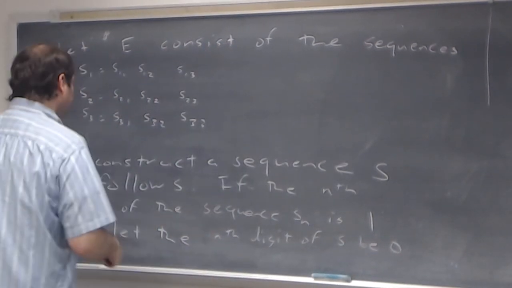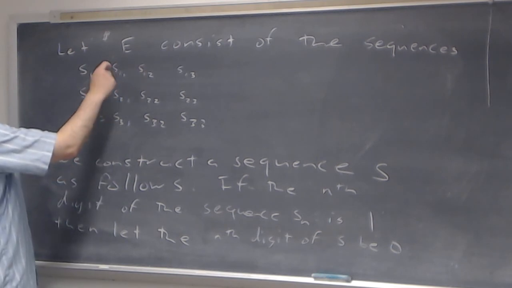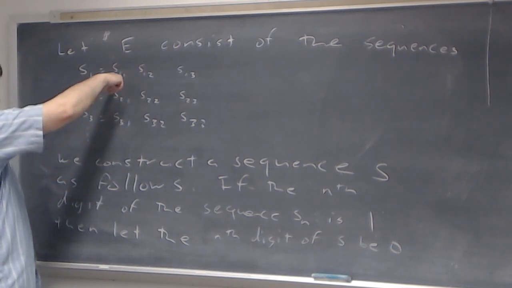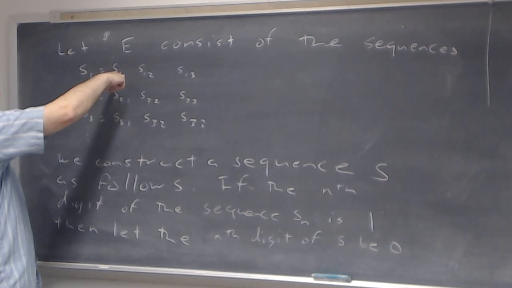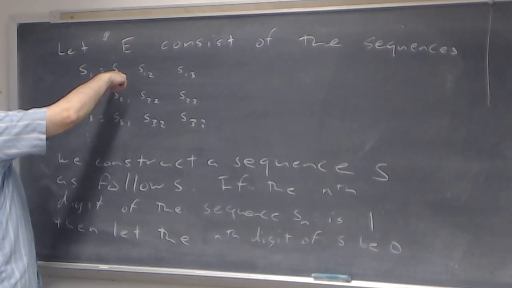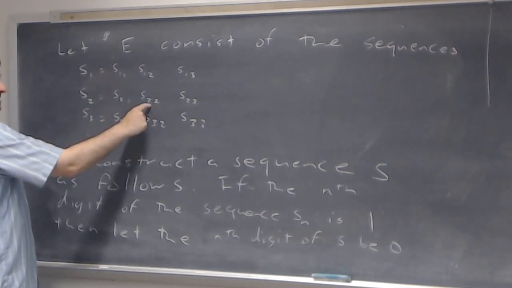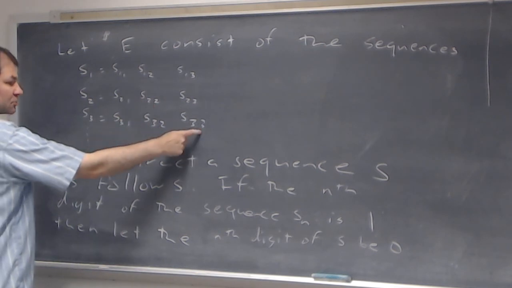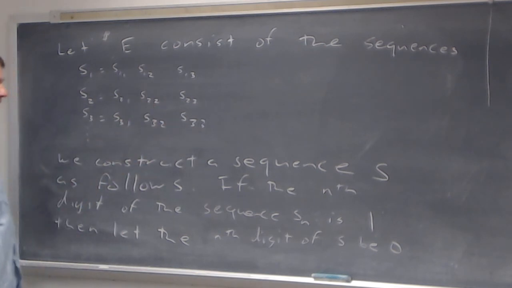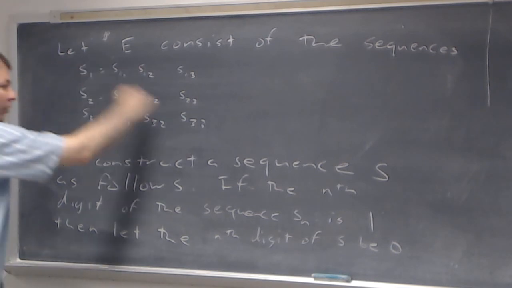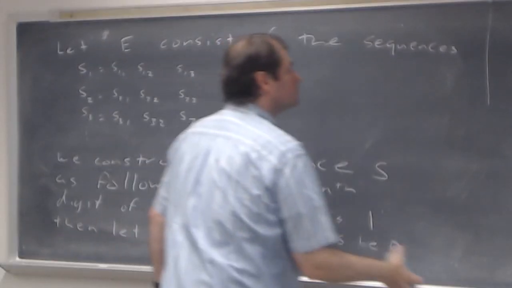So if this first one is 1, we let the first digit in S be 0. If this one is 1, we let the second digit in S be 0. This one is 1, we let the third digit in S be 0. And so forth, along this diagonal.